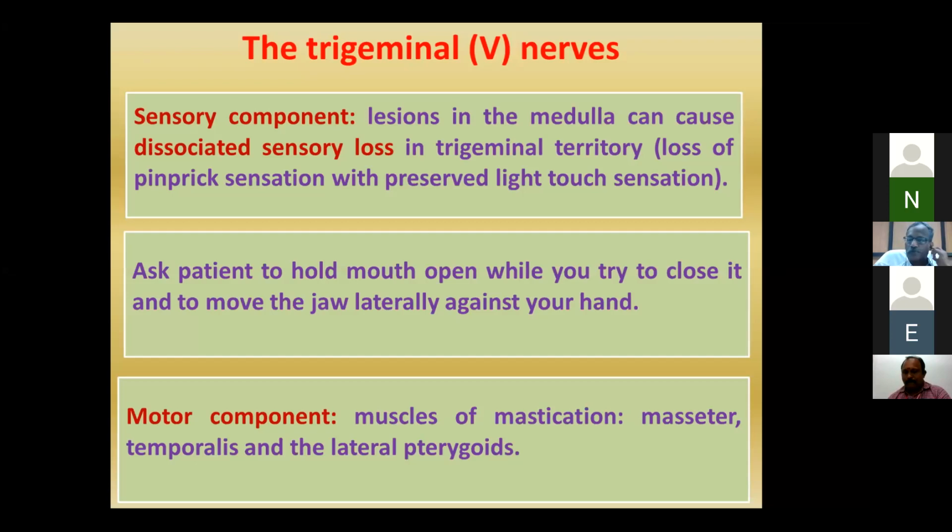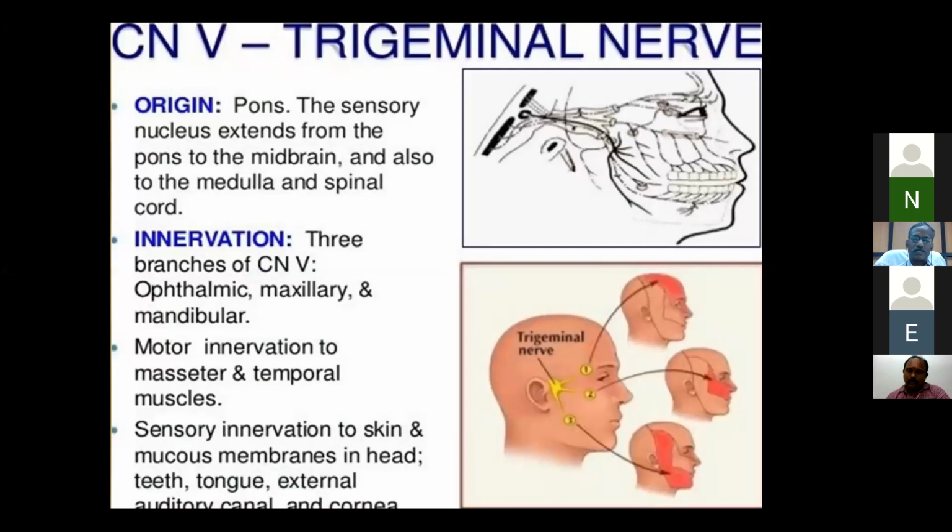For the motor component, the patient must be examined for the muscles of mastication: masseter, temporalis and lateral pterygoid. The temporalis muscle is in the temporal fossa. The masseter is below the zygomatic arch. The pterygoids are inside. We check for clenching.